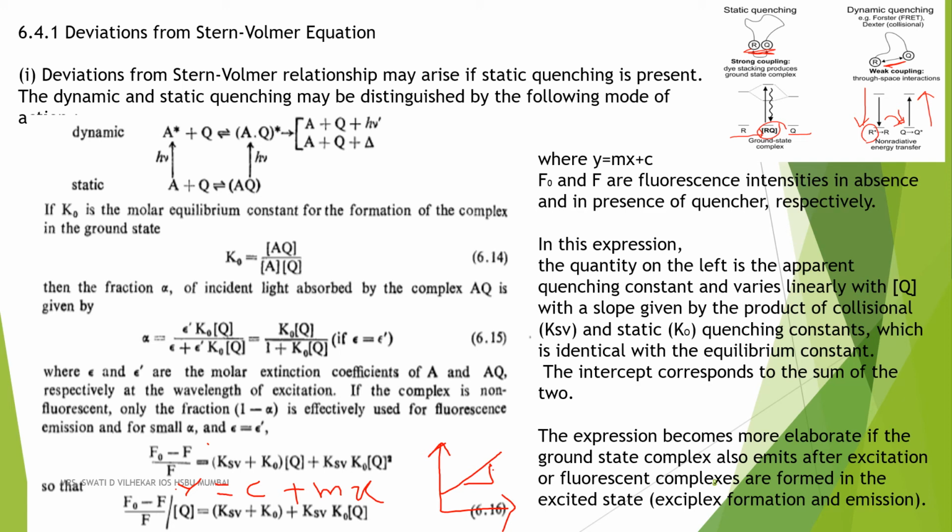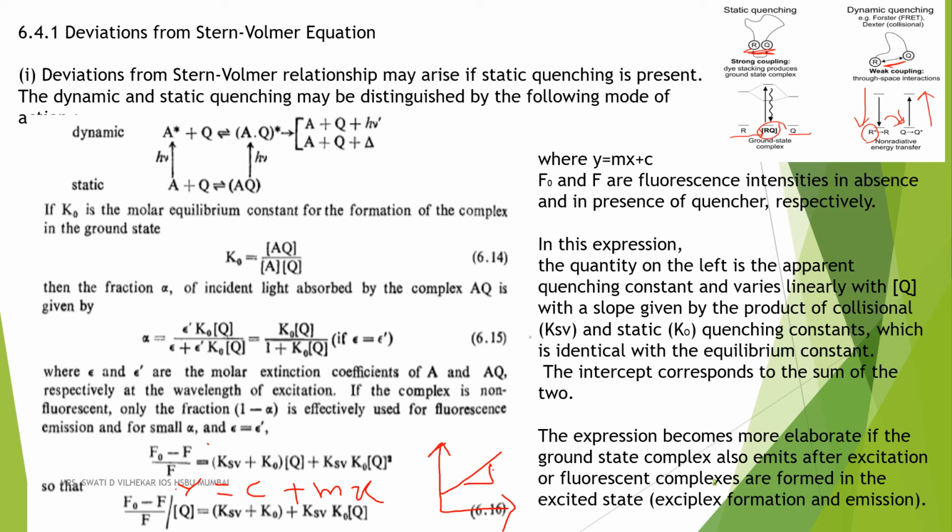The molar extinction coefficient is basically the ability of the chemical to absorb radiation, which depends on the chemical structure as well as the chemical composition.